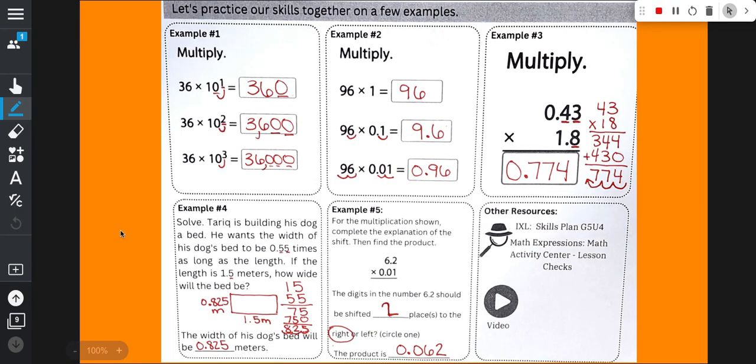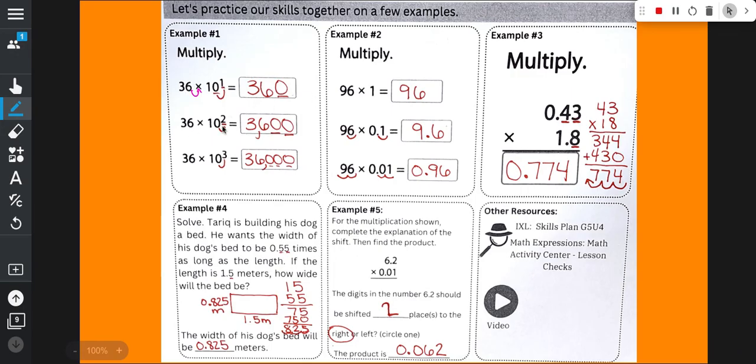All right, welcome back. The first one, that exponent tells us how many spots we are moving the decimal. Because there's no decimals in the number of 36, we know that the decimal is at the end of it. So we would move it one more time, and because it's times 10, it's going to get bigger, so 360.